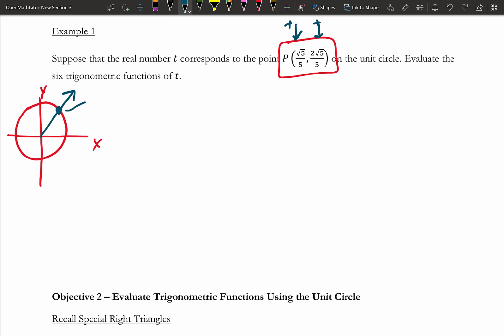This point is point P, which is radical 5 over 5, comma 2 radical 5 over 5. This is going to be some angle theta, and the distance between the point 1, 0 and point P, remember we're letting that be equivalent to t.